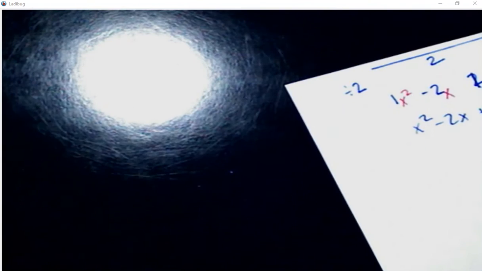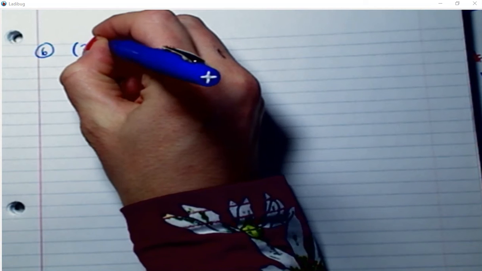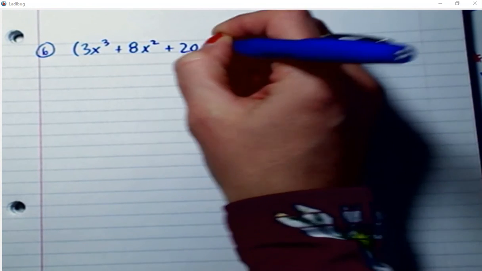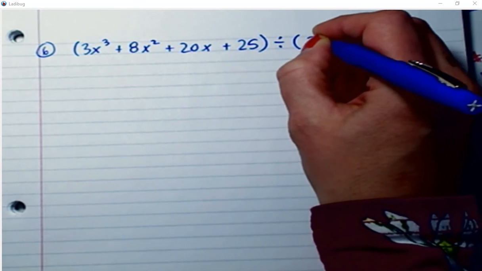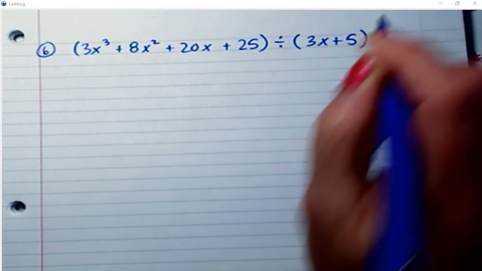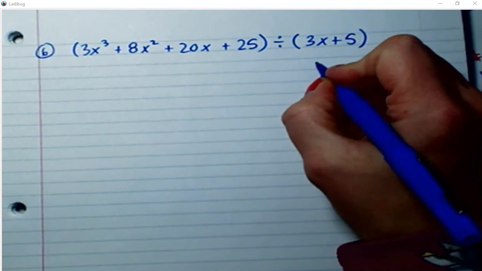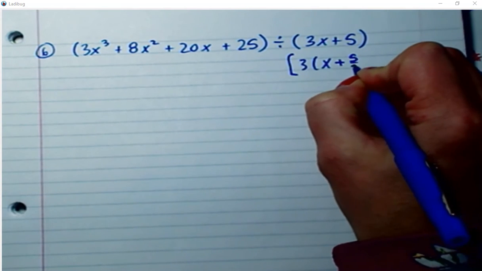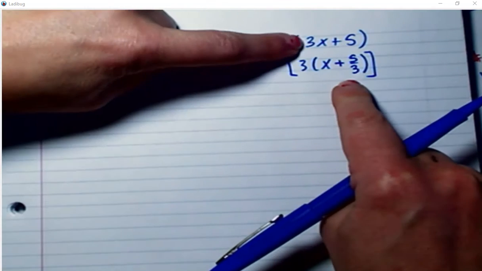All right, so that was problem number 5. So problem 6: 3x cubed plus 8x squared divided by 3x minus 5. If you only do synthetic division with negative 5/3, you're not actually dividing by that factor.